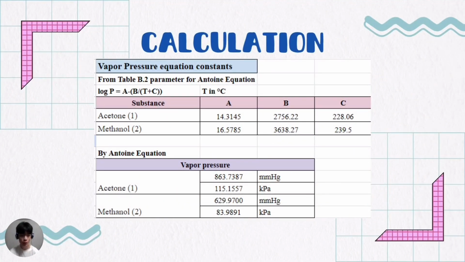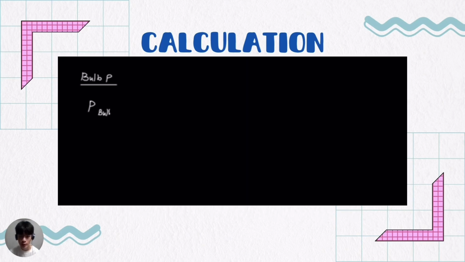For the calculation part, firstly we have to find the P saturated for each component, and in order to find it we can use the Antoine equation by referring to Table B2, and we found that for acetone it is around 115 kPa and for methanol it is 83 kPa. Next we have to find the bubble pressure, which we can find using the equation: bubble pressure equals the summation of zi multiplied by Pi sat.